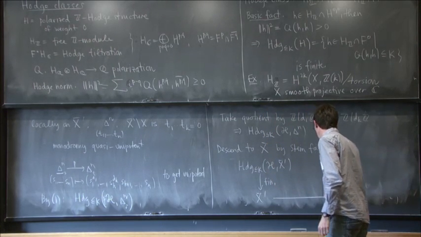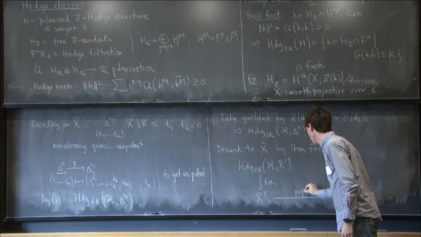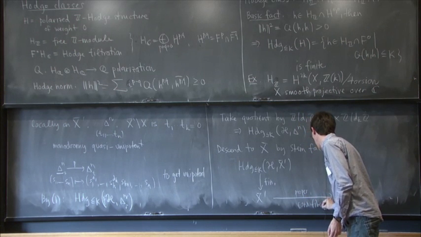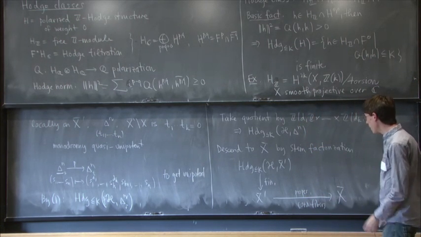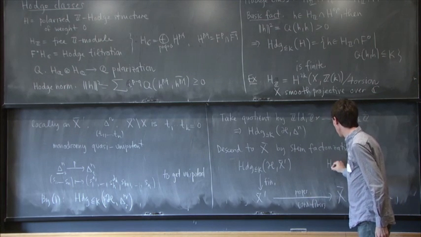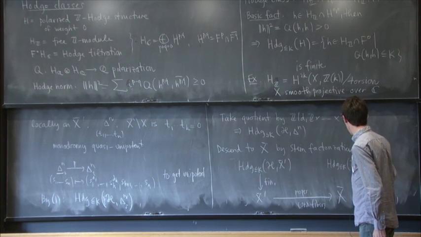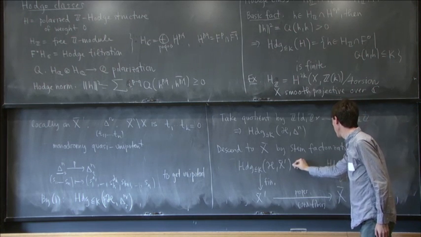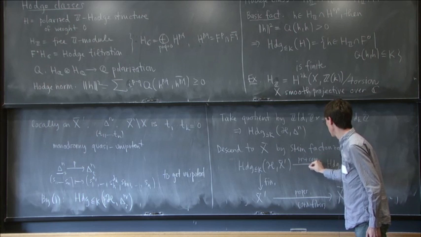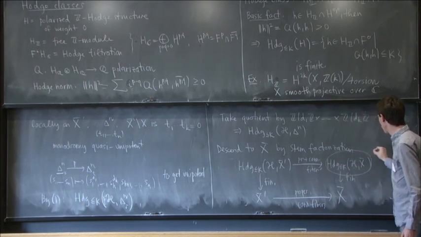You have this mapping here, which is proper, and which I can arrange to have connected fibers. And then, since I want something finite over here, I just take the Stein factorization. And then this will make this guy finite, and that will make this one here proper with connected fibers. Okay, so this thing here will be the Stein factorization.